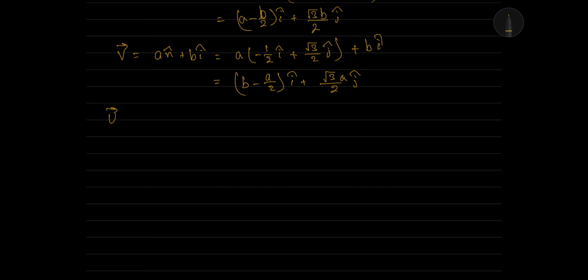Then u dot v will be mod u into mod v cos theta, and theta will be 60 degrees.